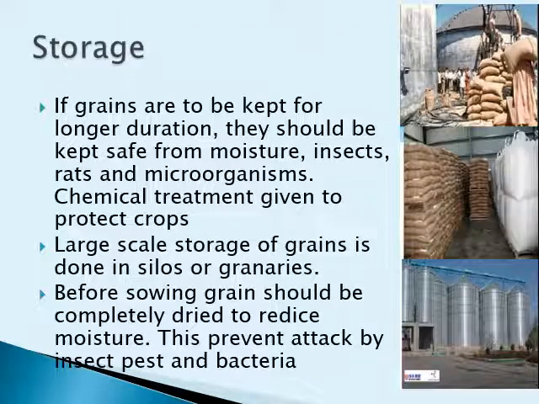Now children, we have already observed the various agricultural practices. The first we saw how the soil can be prepared so that the sowing process can be done. After sowing is done, we add manures as well as fertilizers so that the plant can take the proper nutrients and grow well.